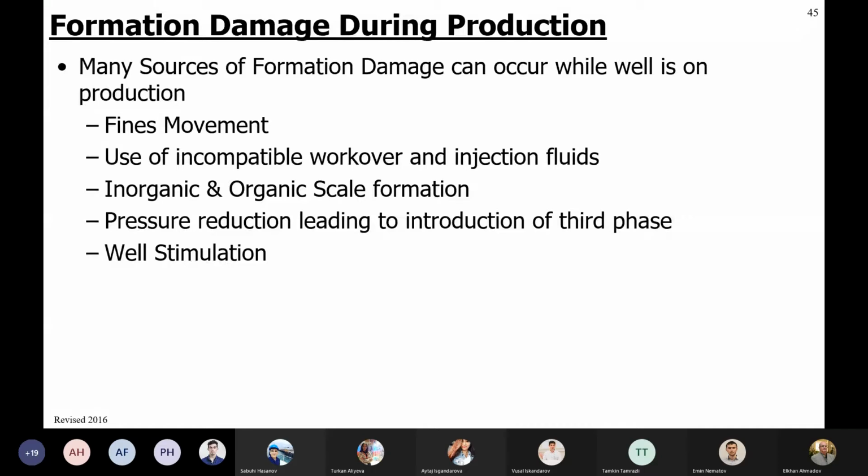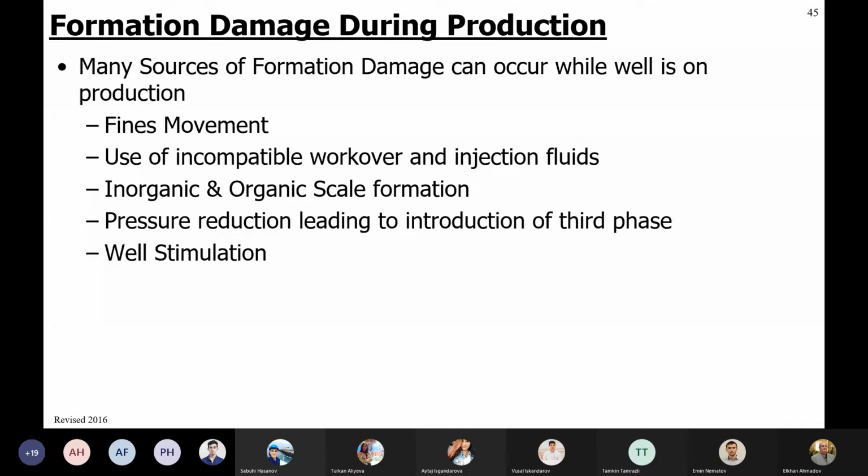We have to inject water and then slurries to deliver proppants, and although we are stimulating, this also will carry some formation damage because of the chemical composition, incompatibility, and high pressure injections.